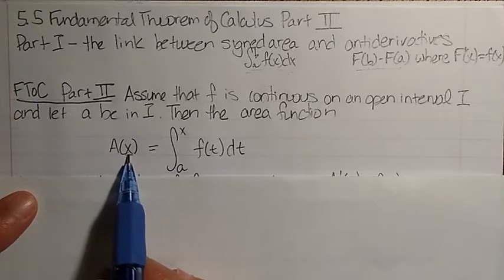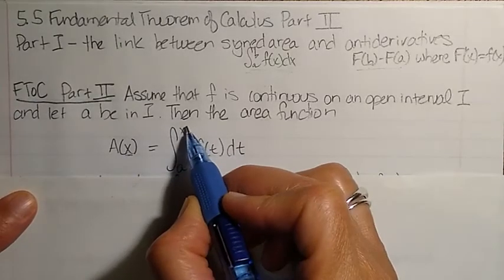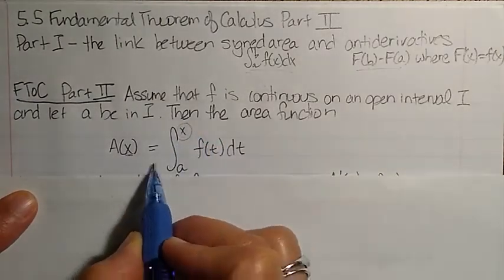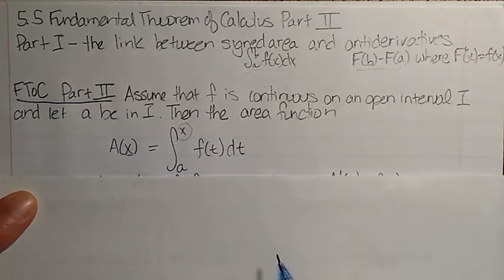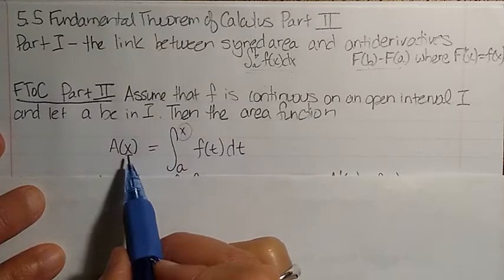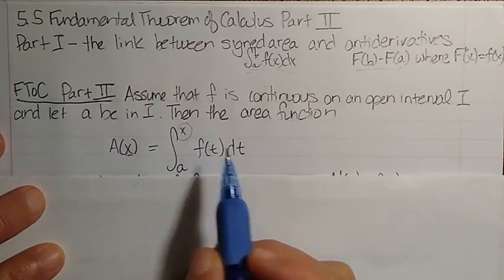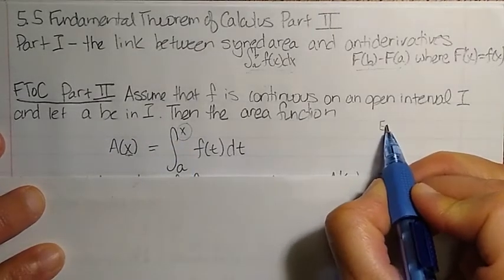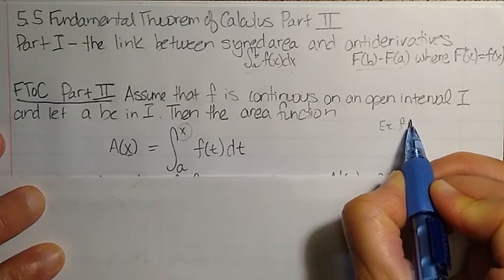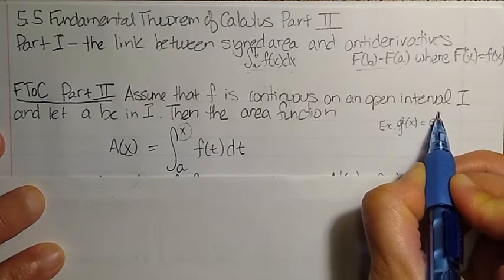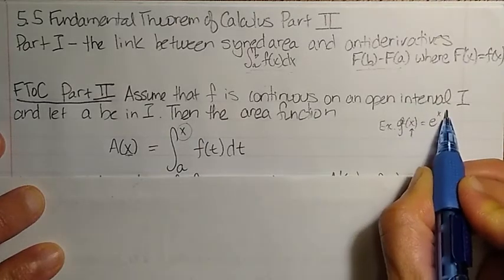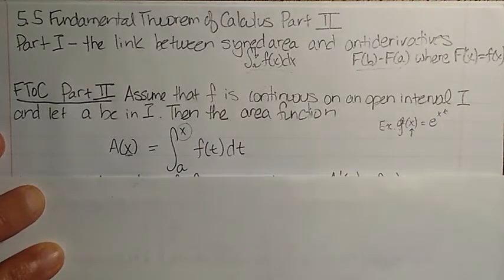Notice that the independent variable is x, and it appears here in the expression of the function. And you're experienced with the independent variable appearing in various places. For example, you've seen, let's call it g of x since we're using f, g of x is equal to e to the x, so the independent variable appears in the exponent.